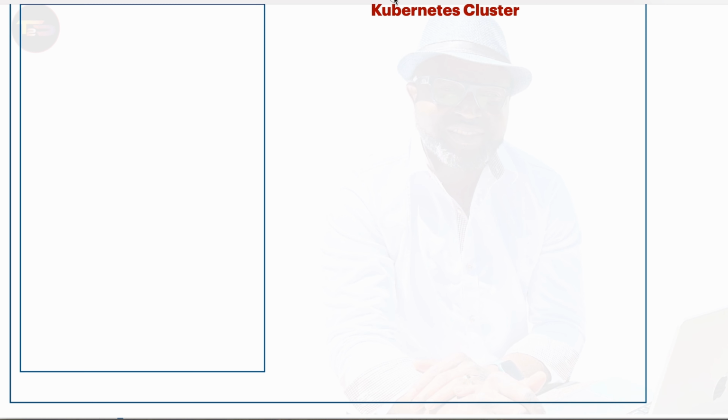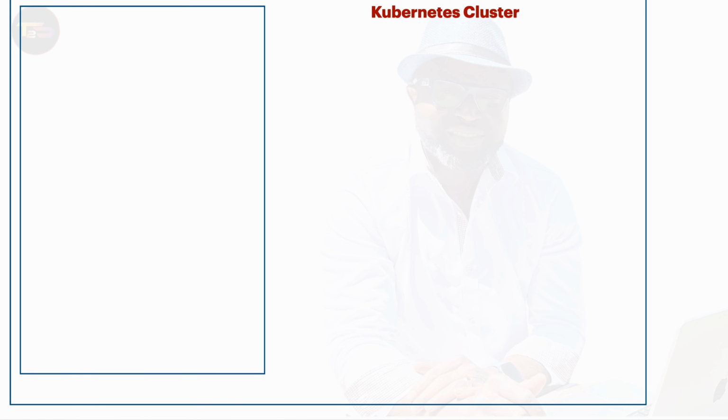So this is just a high-level overview of Kubernetes, and I'm gonna show it to you now. So when you think of a Kubernetes cluster, you're looking at a cluster.